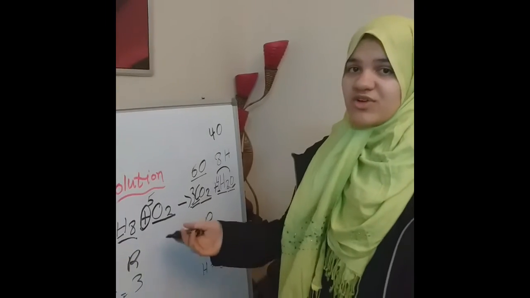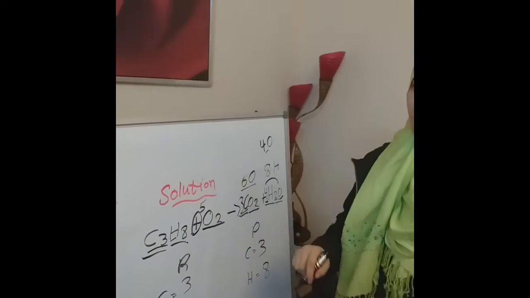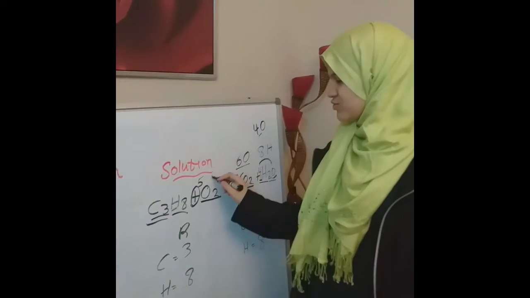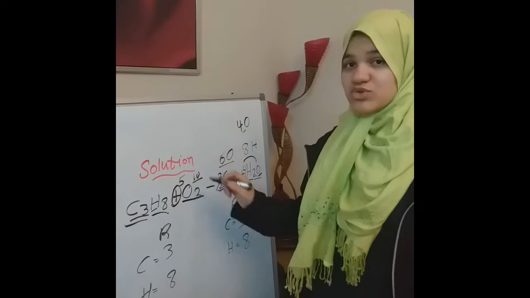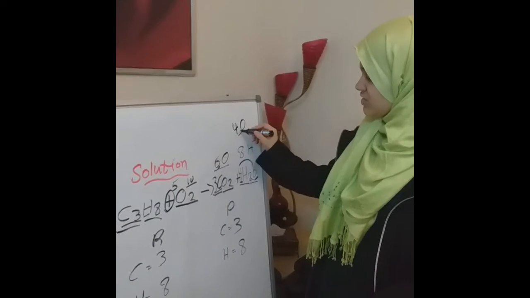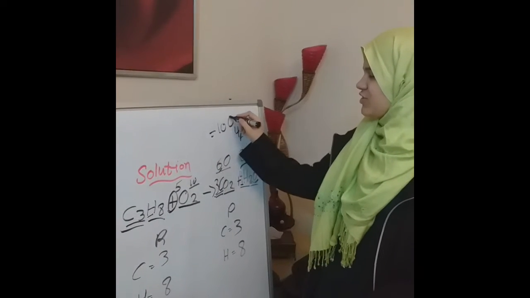Why 5? Why didn't we put 6, or why didn't we put 4? Let us see. Because 2 times 5 is equal to 10, and 6 atoms of oxygen plus 4 atoms of oxygen is equal to 10 atoms of oxygen.